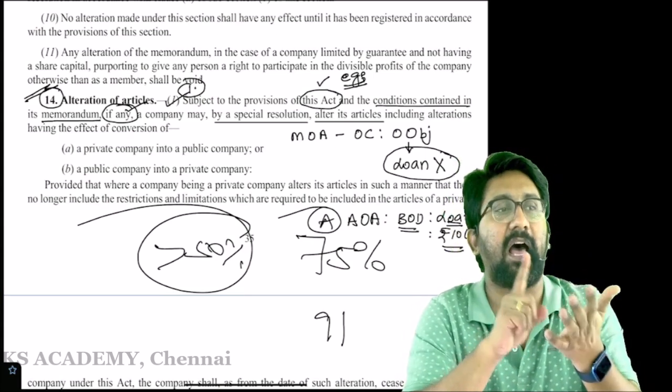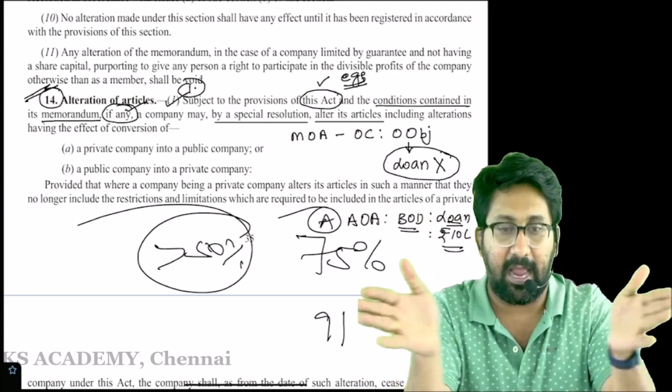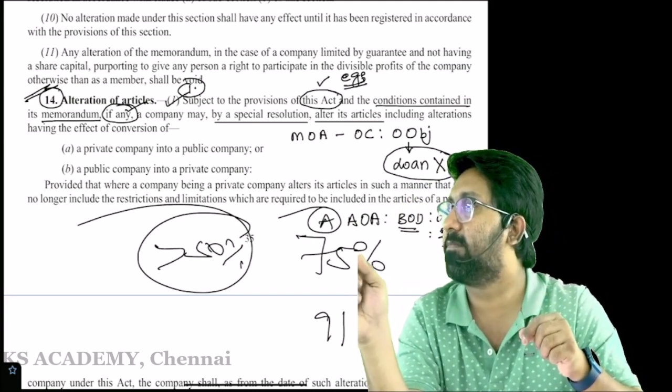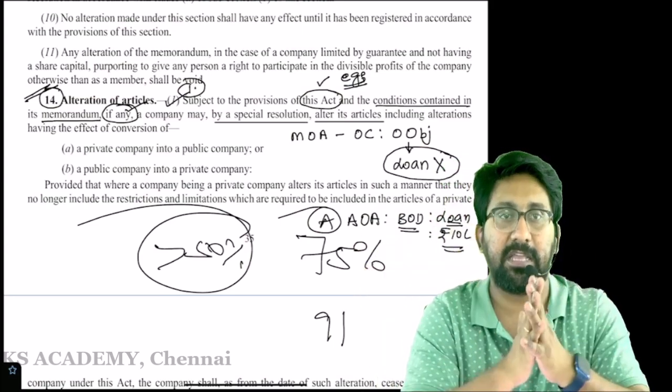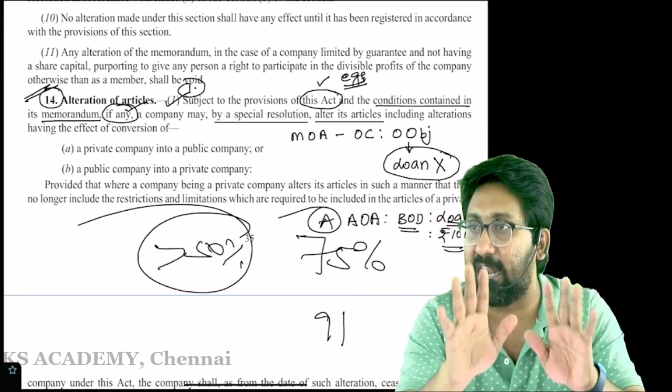Next, the altered articles copy and central government approval copy, attach and file with the ROC within how many days? Within 15 days. ROC will register them. It gets legal impact as if it is in the original articles.